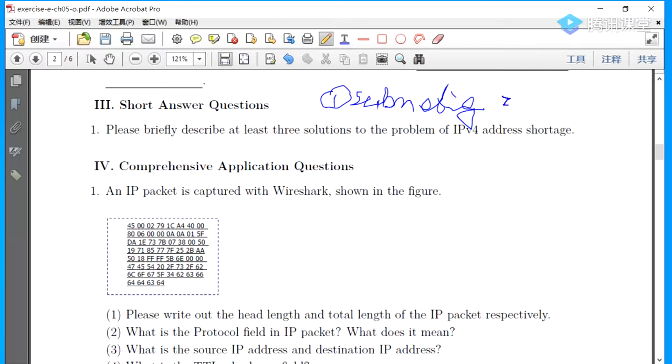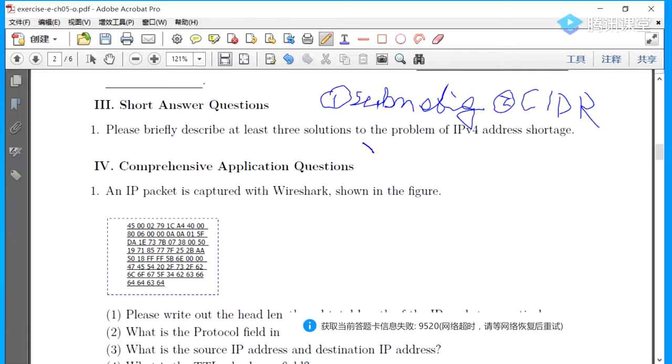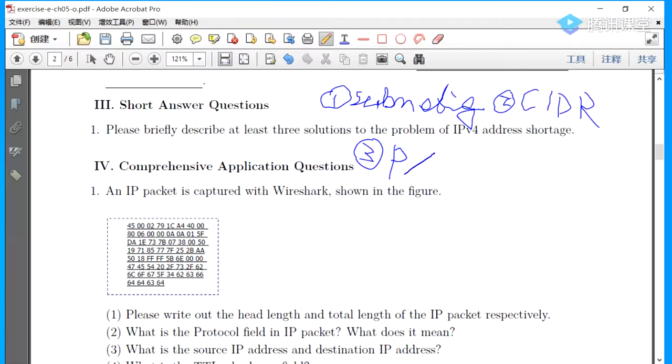The second solution is classless interdomain routing, CIDR. The third solution is we can use a private address combined with network address translation, NAT, right?